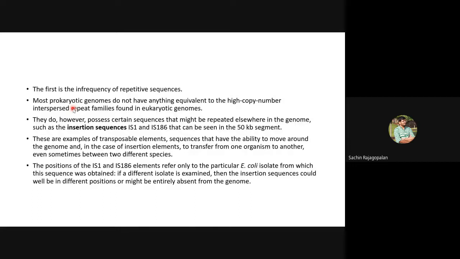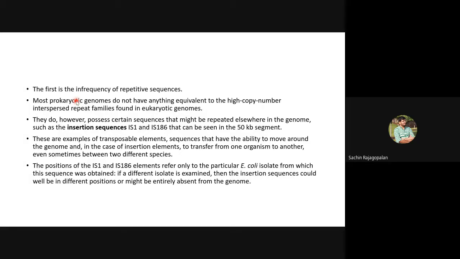Now, in prokaryotic genome, you will see that repetitive sequences are fewer, which in eukaryotic genome you will see in higher number. Infrequency of repetitive sequences is seen in prokaryotic genome. They do not have repeat sequences which we call interspersed repeat sequences, which are normally seen in eukaryotic genome.